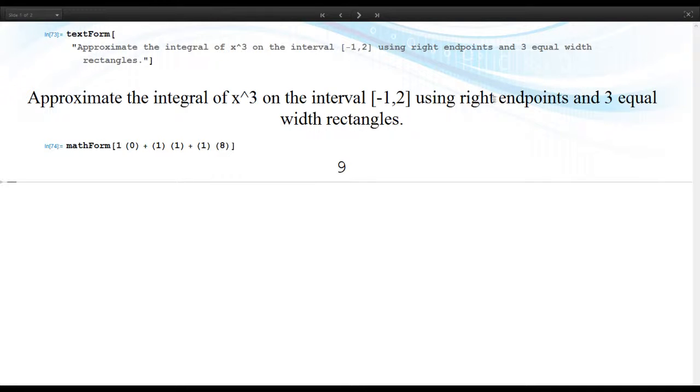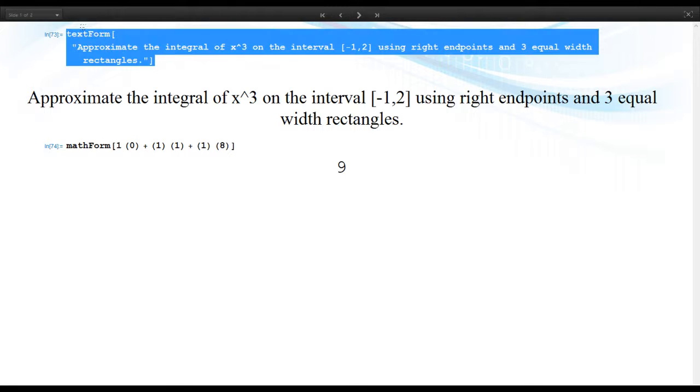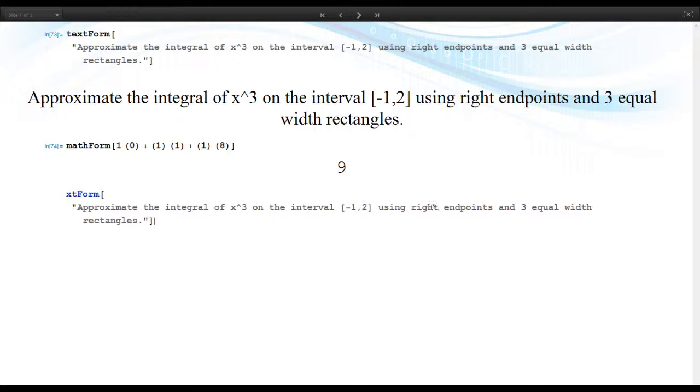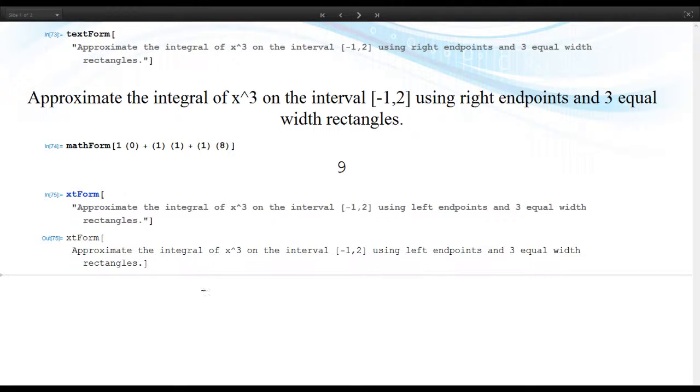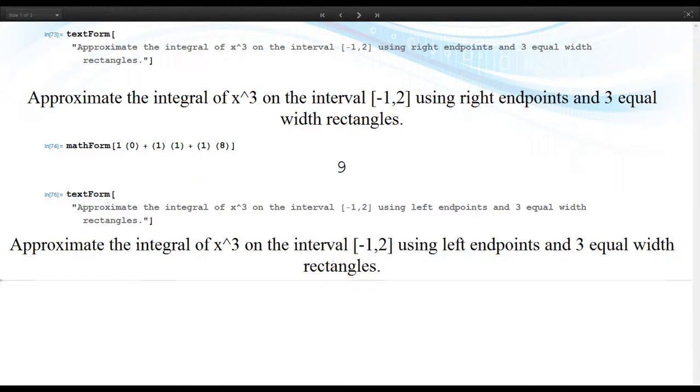Now, let's say that this question were asked and we were asked to do left endpoints instead. Well, it works the same way. So now the width of our rectangles are still going to be 1 because we have 3 equal width rectangles.